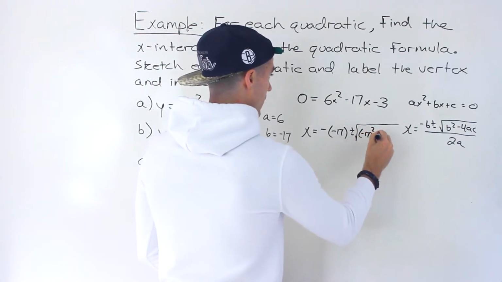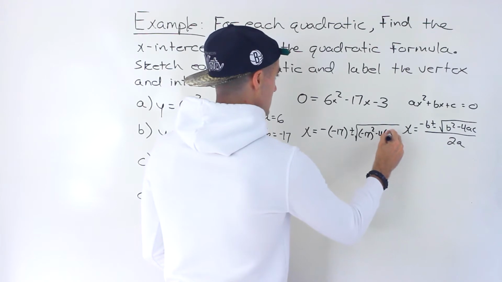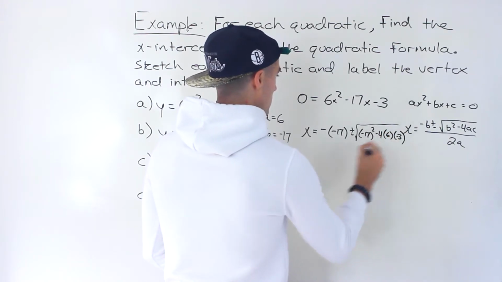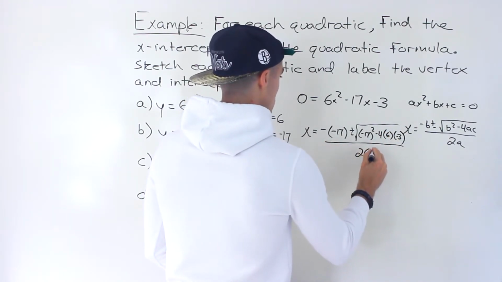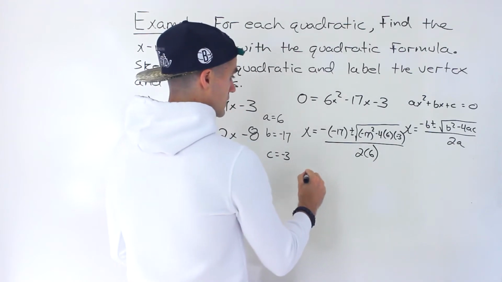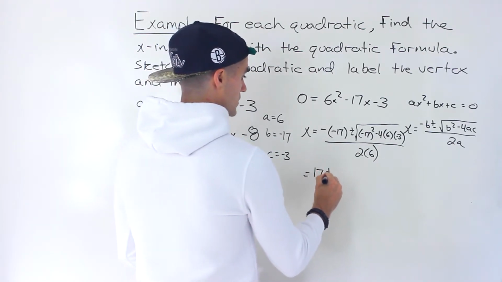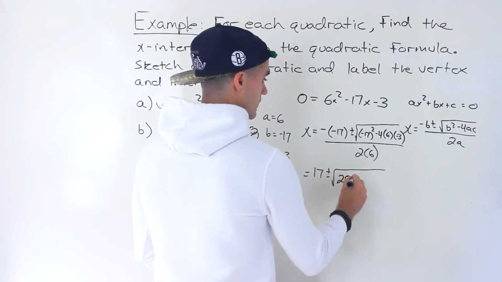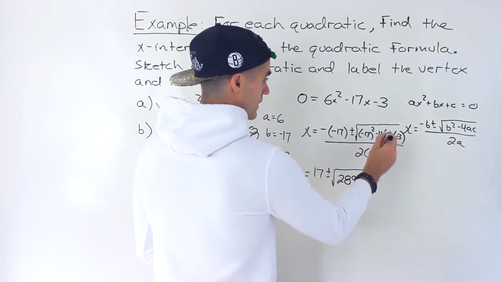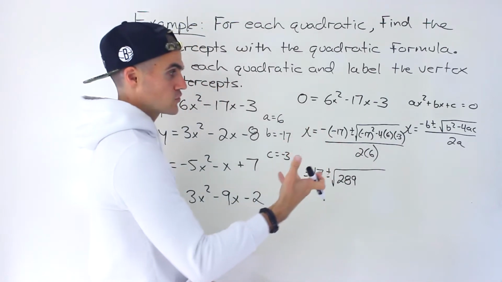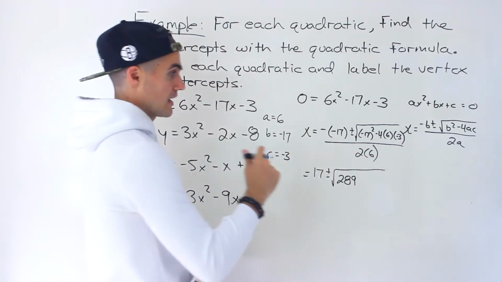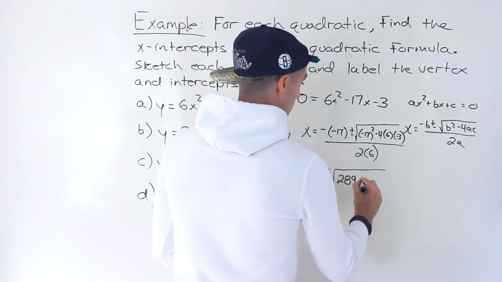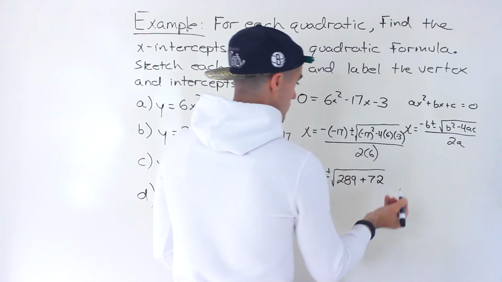-17 squared minus 4 times the a value is 6 times the c value of -3. And that's going to be all over 2 times 6, like that. So then we'd have 17 plus or minus -17 squared would give us 289. And then we'd have -4 times 6, which is -24, times -3 would give us positive 72, like that.